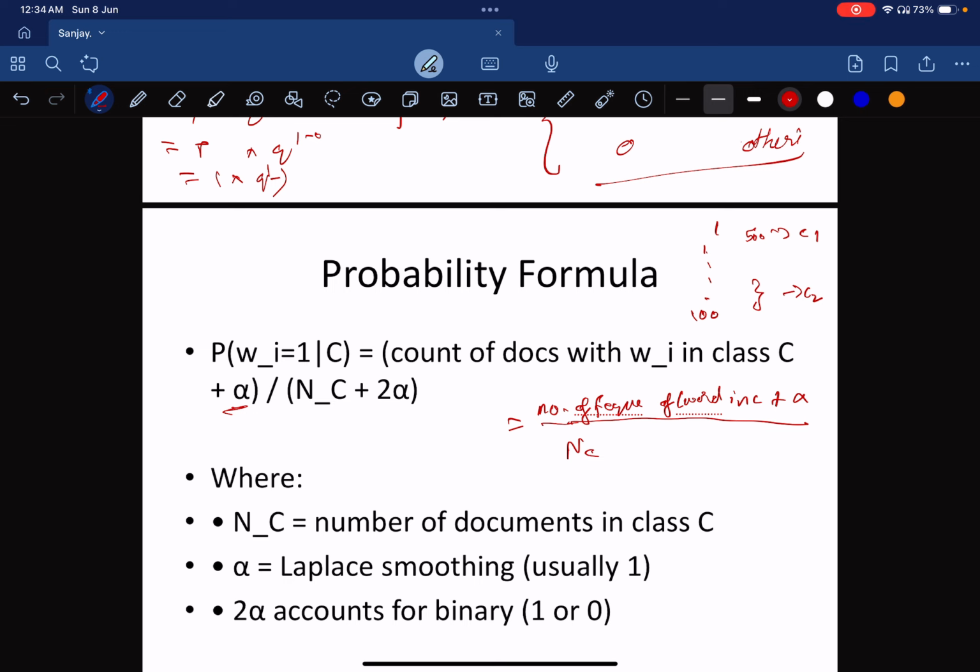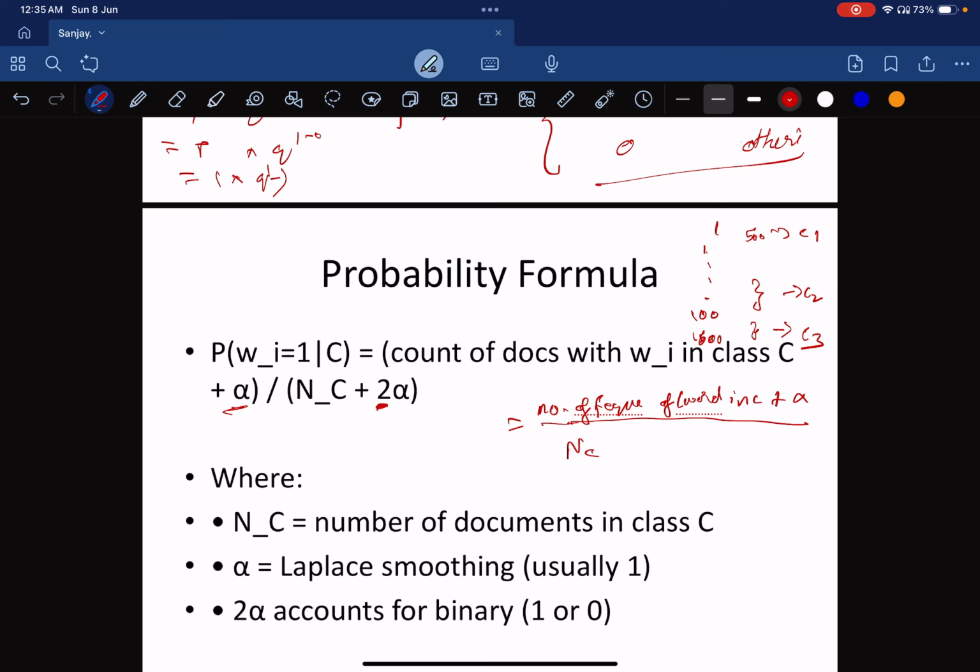For example, we extend this dataset to 1600, and these 600 are considered to be class 3. So the NC for class 3 is 600. Usually the NCs are the number of documents in the class.